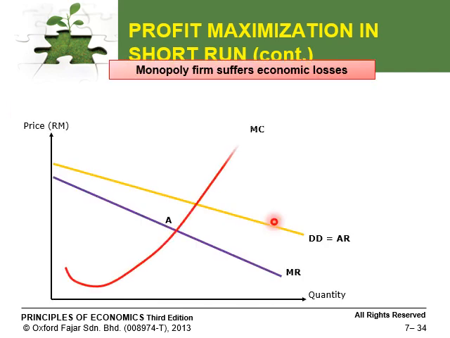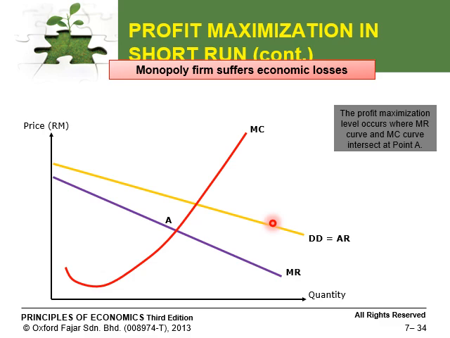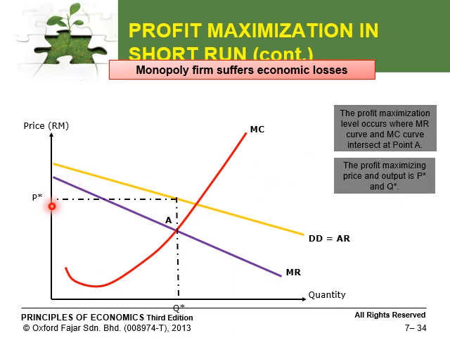So how about the short run, when the firm is having economic losses? In other words, they are not making profit, they lose money. As you can see, their revenue is in this area.